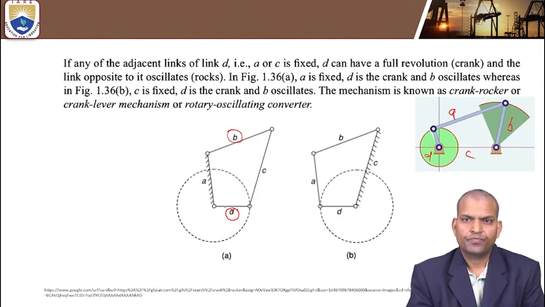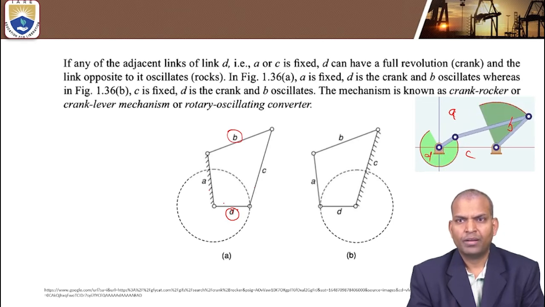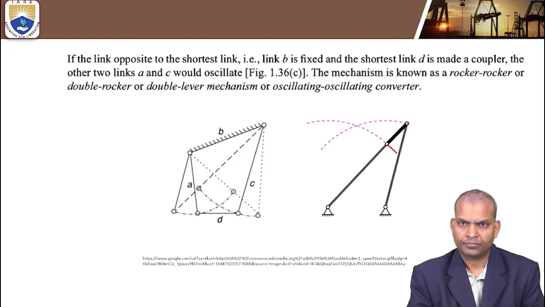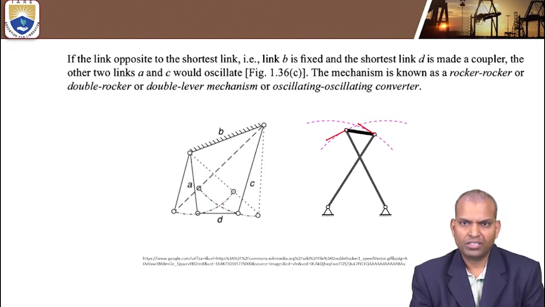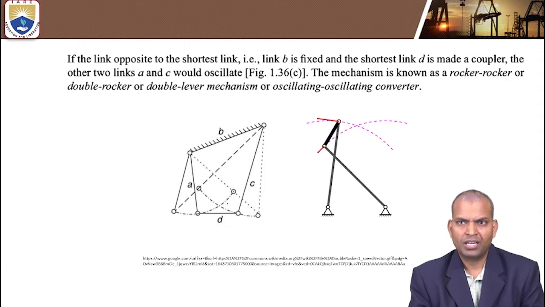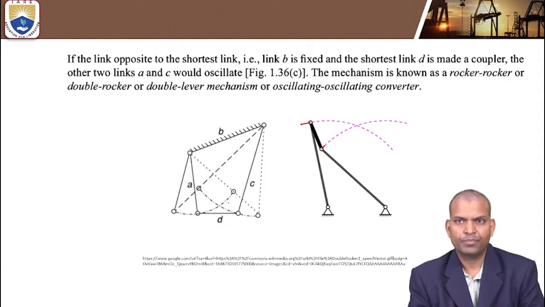Next, suppose the shortest link itself is fixed, then what will happen? Then the remaining links are free. Or if the longest link is fixed, what will happen?